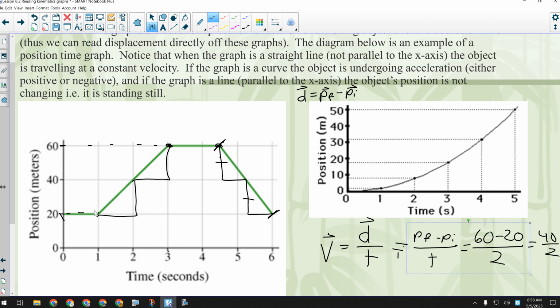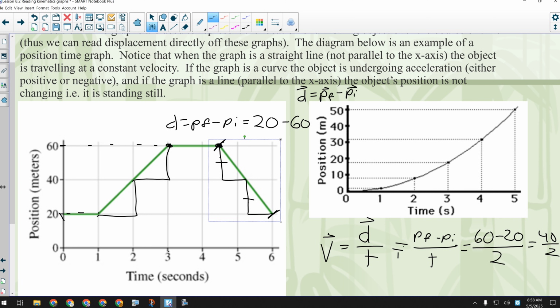Can I calculate the displacement here? Yeah, but now, okay, it's still final position minus initial position, but now it's 20. 20 is the final position minus 60. 60 is the initial position for that section. Okay, what's 20 minus 60? Negative 40. That means the object went backwards.